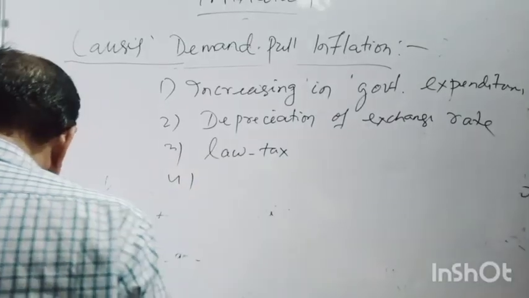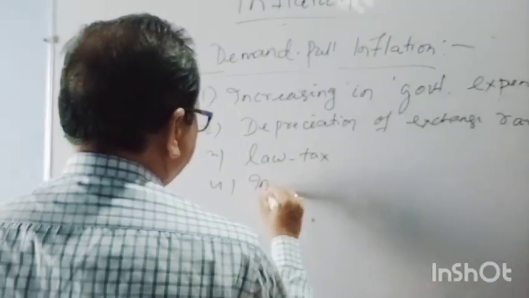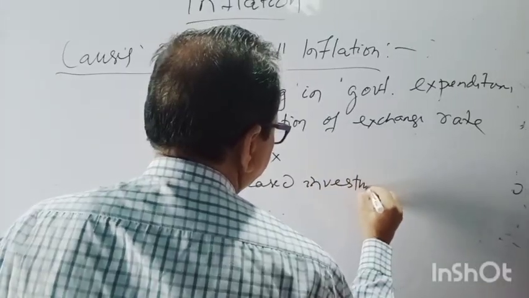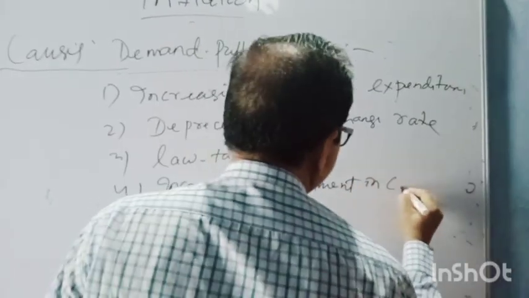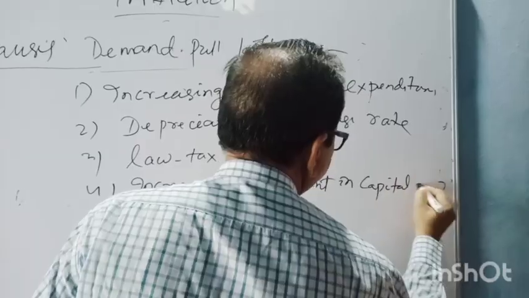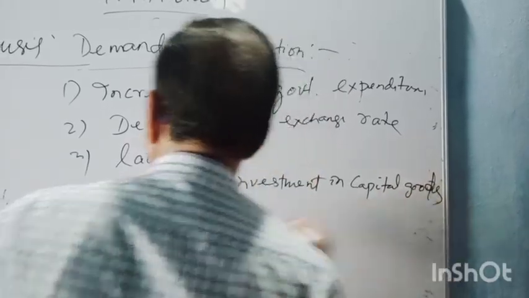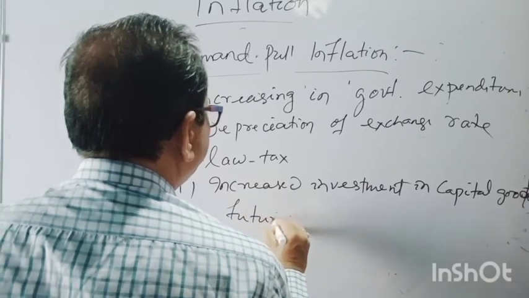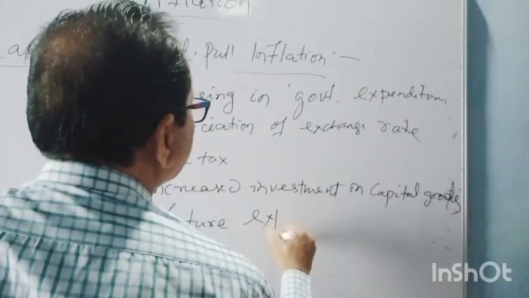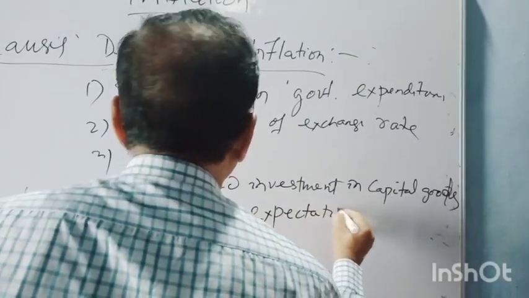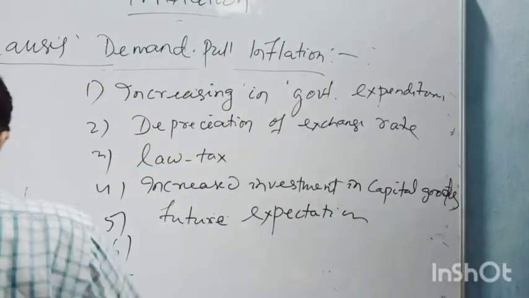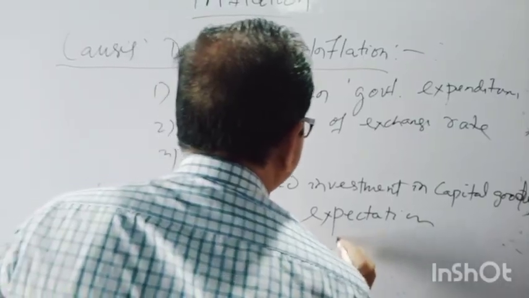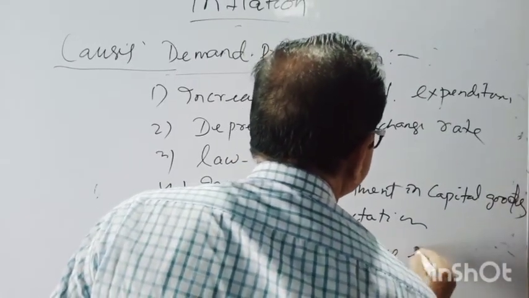Fourth one is increased investment in capital goods. Fifth one is future expectation. And sixth one is rise in defense expenditure.